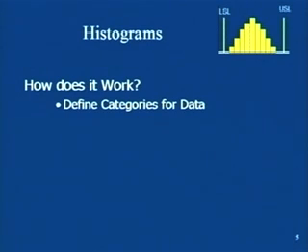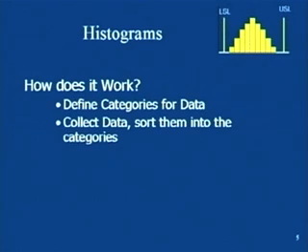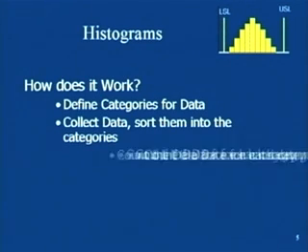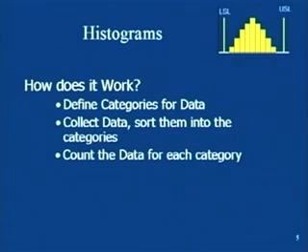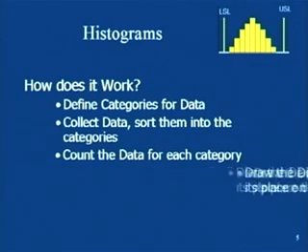For example, if the data ranges from 10 to 100, then we define the categories 10 to 19, 20 to 29, 30 to 39. So first define the categories, then collect data and sort it into the categories. Once the data has been sorted, we count the data for each category, that is the frequency: how many data points fall in each category.